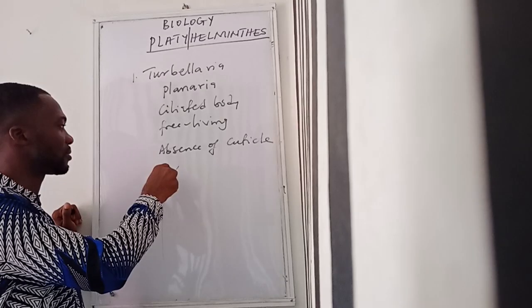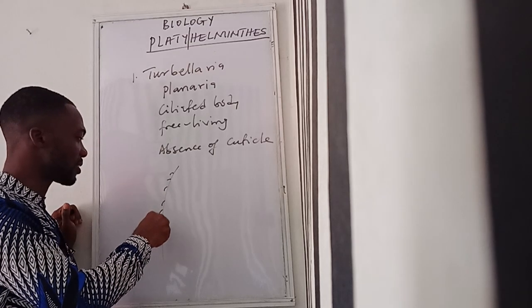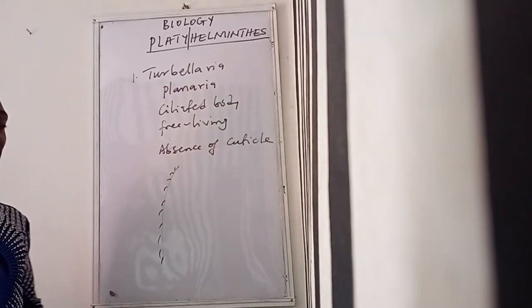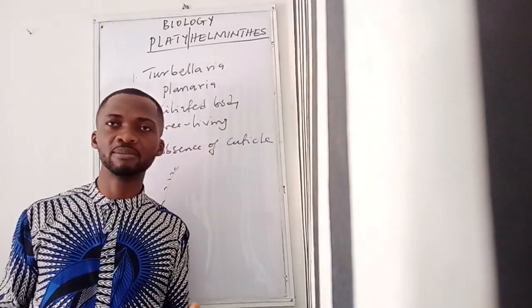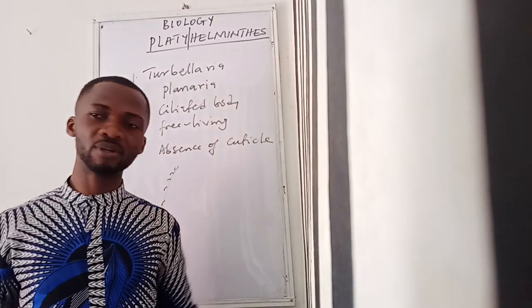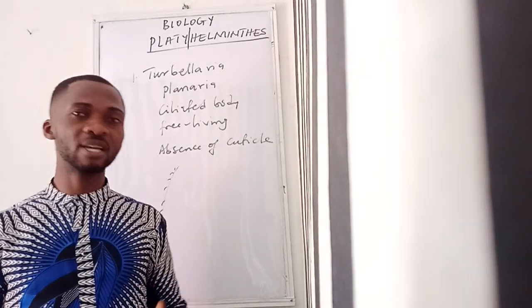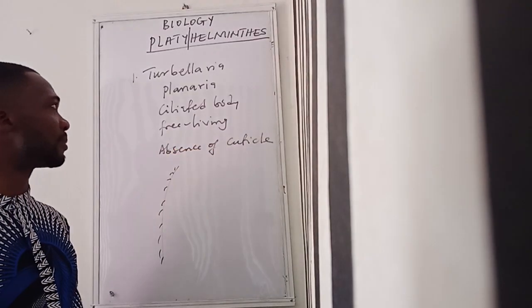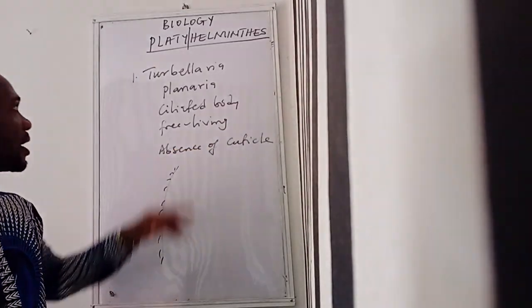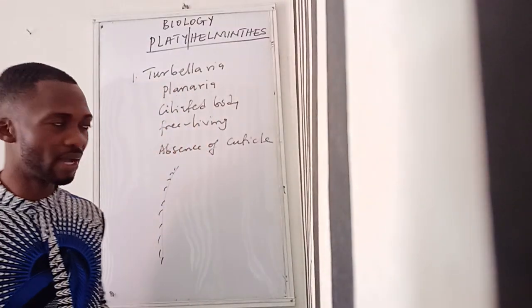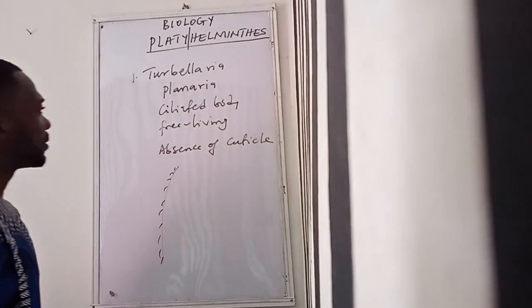If you look at their body, you discover that it is ciliated, and they are also free living. Of course, you know that an organism can either be parasitic or free living. The parasitic ones live in or on the body of the host, deriving nourishment at the expense of the host. In this case, they are free living, that means they live independently in the environment. A typical example is the planaria, a popular member of Turbellaria.